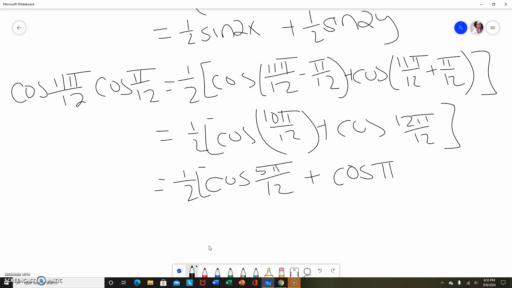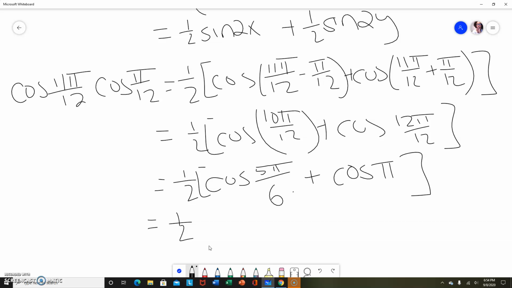All right, so now I get to use my unit circle. And I don't have a picture of it, but hopefully you have a picture of it, and you can recall that when I look at my unit circle, the cosine of 5 pi over 6, sorry, not 12, I reduced it.